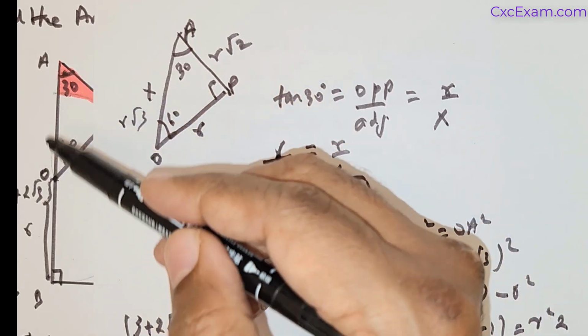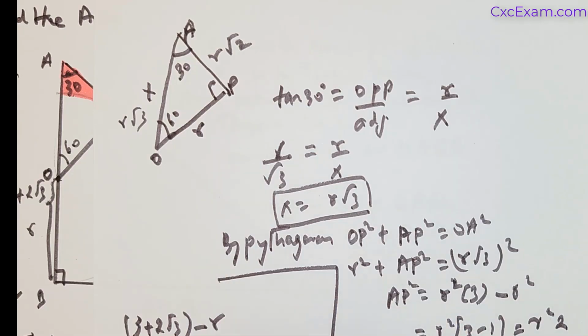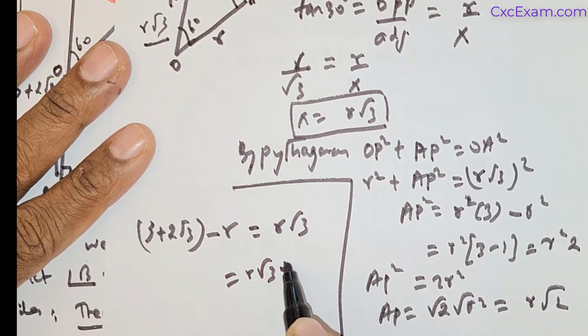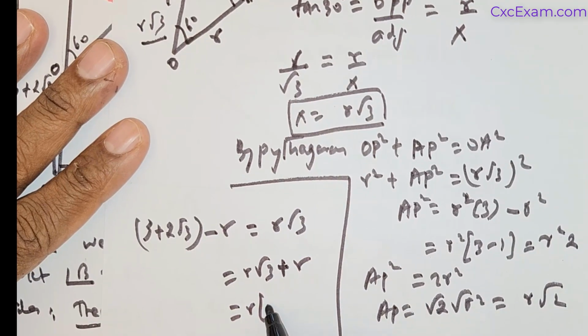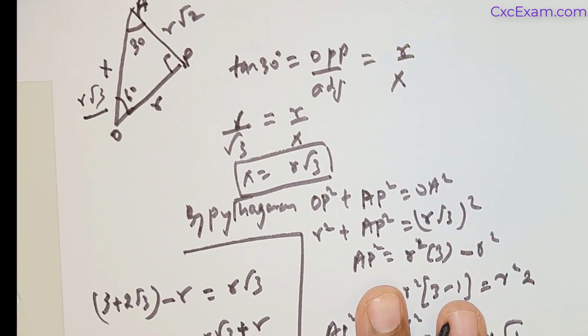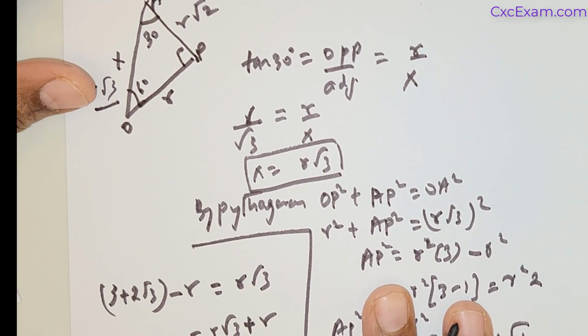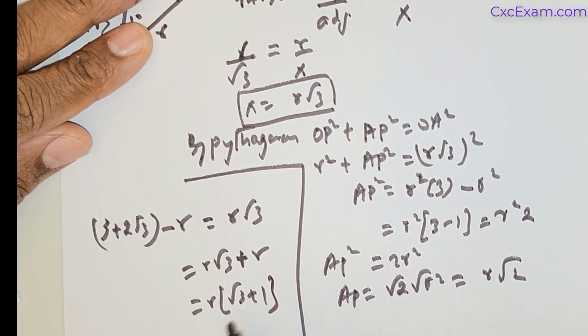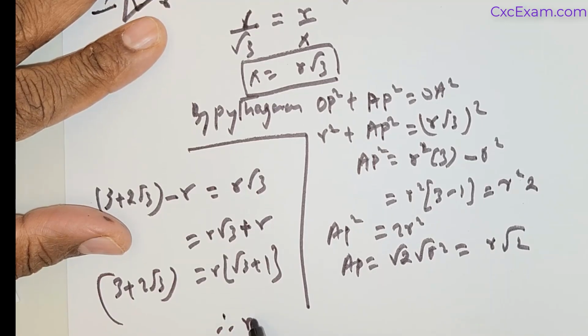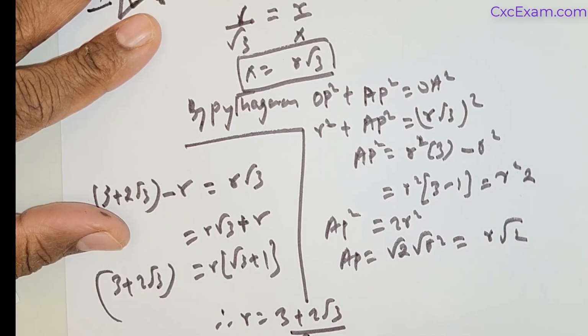This is the hypotenuse side. Now what is the hypotenuse value? The hypotenuse value is R times root 3. So this is going to be R times root 3 plus R, which is R times (root 3 + 1). I can use this side now, so this is 3 + 2 times root 3. Therefore R is going to be (3 + 2 times root 3) divided by (root 3 + 1).